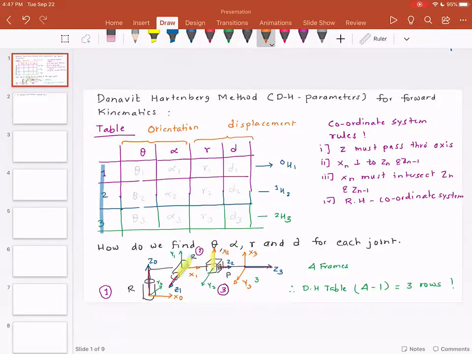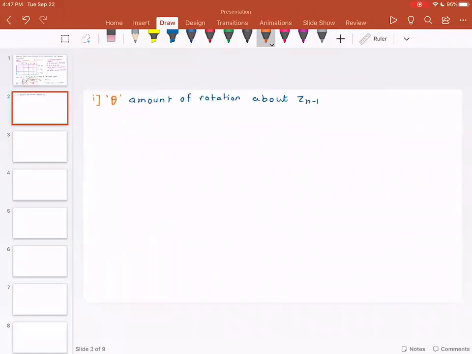So I just changed the orientation for the last axis. That's totally fine.